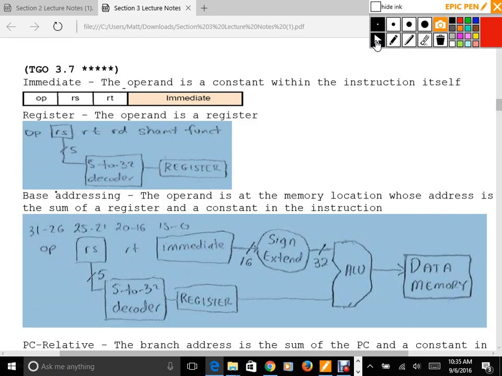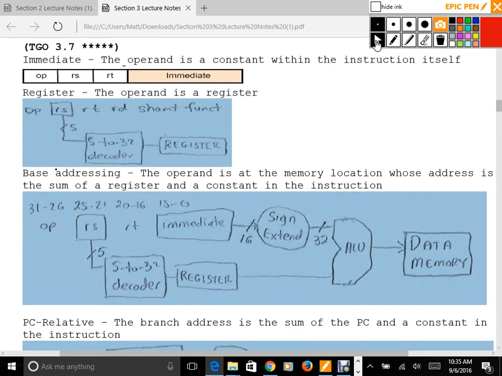Base addressing: the operand at the memory location whose address is the sum of the register and a constant in the instruction. So if we go back to our MIPS green sheet, we're going to see that load and store instructions are I-types. The reason is that the register RS is going to store the value in memory of the base pointer of an array. So y'all dealt with arrays, right? Okay, so we just say A of 5, right?